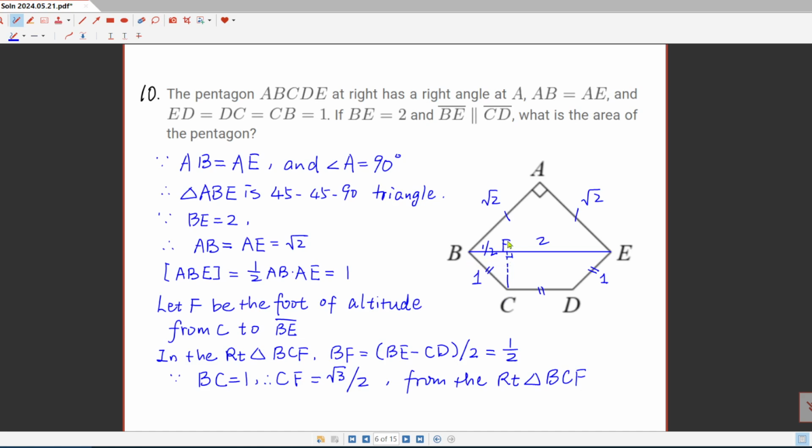Therefore, you can calculate CF, which is square root 3 over 2, right? Therefore, you know the height of the trapezoid.